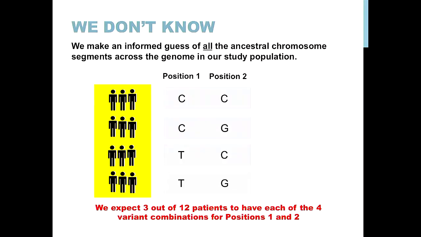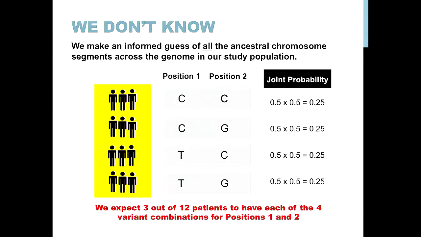Okay, so hopefully it's fairly obvious to you that if each of these 2 positions were inherited independently, we would get 3 people with a C at position 1 and a C at position 2, 3 people with a C at position 1 and a G at position 2, and so forth, 3 people with TC and 3 people with TG. And if you're math inclined, that's just a joint probability.